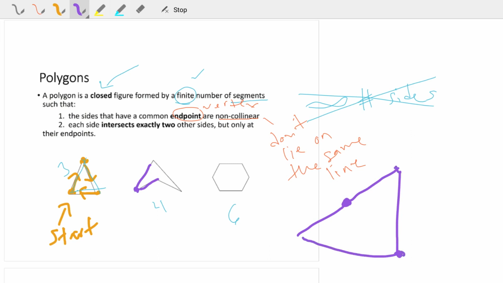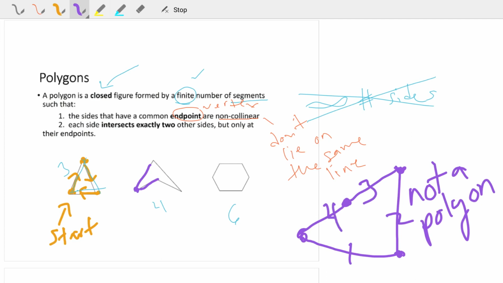How I drew it, this is not a polygon, even though it technically has 1, 2, 3, 4 sides. It is not a polygon because you have 2 sides that, even though they meet at an endpoint, i.e. a vertex, are still on the same line. That's why it doesn't work. So that'll be this point here.